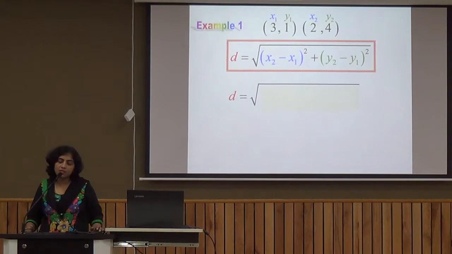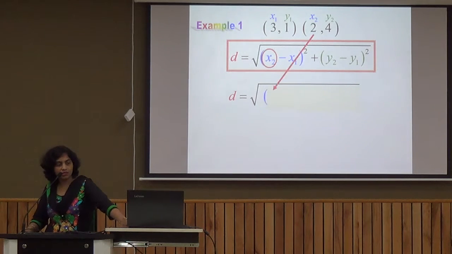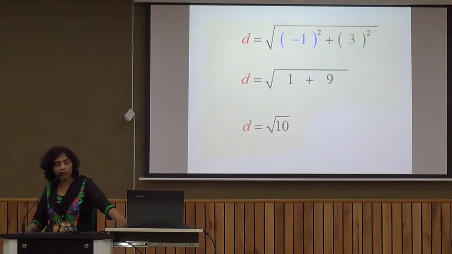We have to find the distance between the points 3, 1 and 2, 4. So according to the formula (x2 minus x1) whole square plus (y2 minus y1) square, we have x2 as 2 minus 3 whole square plus 4 minus 1 whole square, and we get minus 1 whole square plus 3 whole square, and 1 plus 9 is equal to the square root of 10 units.